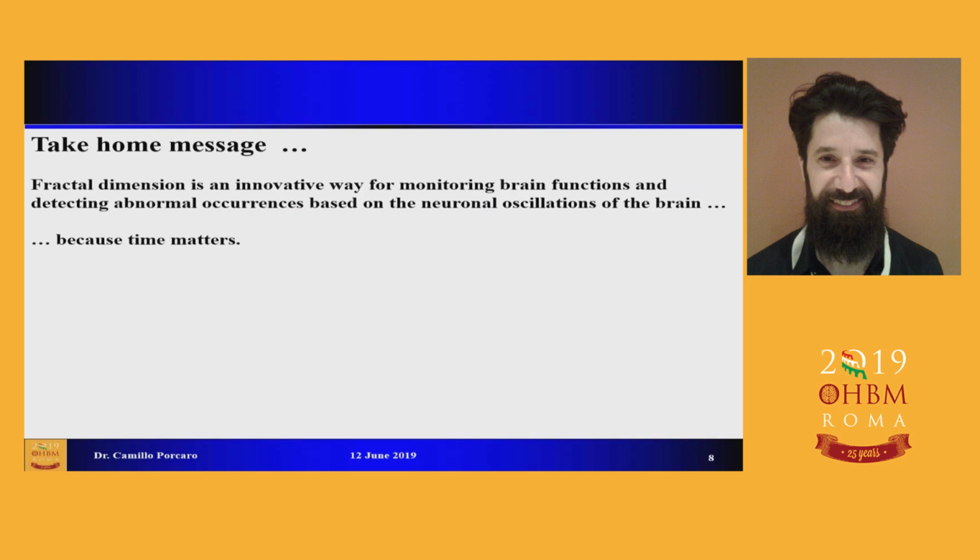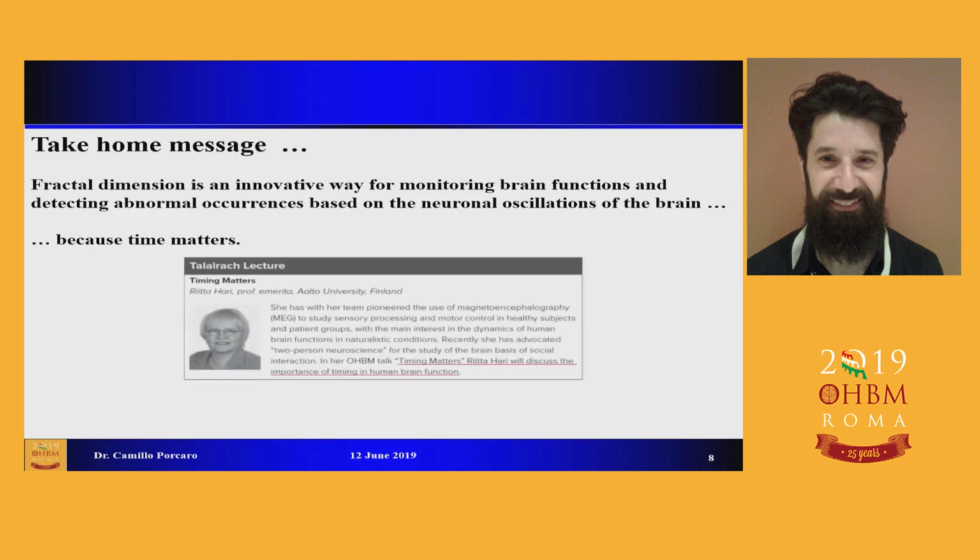I'm going to conclude with this take-home message: fractal dimension is an innovative way of monitoring brain function and detecting abnormal occurrences based on the neural oscillations of the brain. And as Professor Rita Ari said very beautifully in her lectures, because time matters. Thank you.